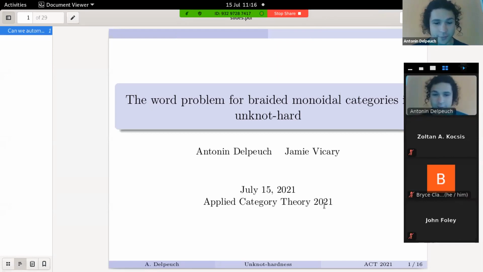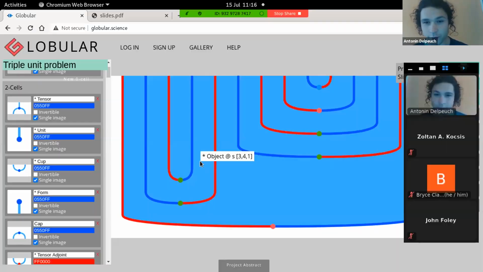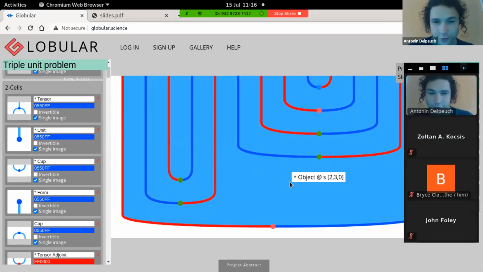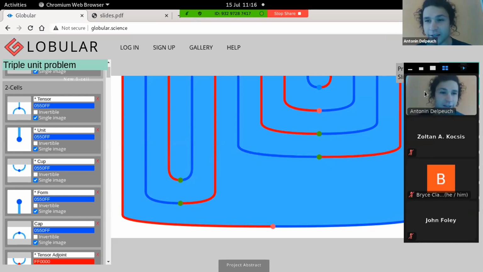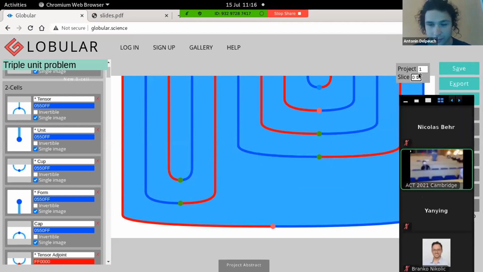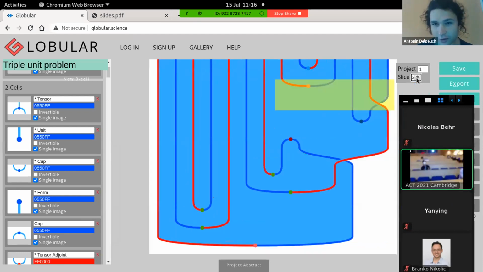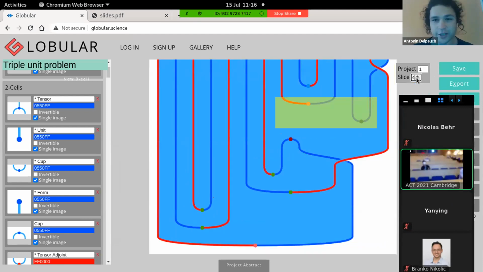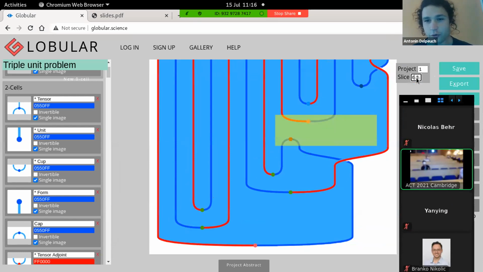So what is my motivation to work on this? Many of you might have heard of or even used these proof assistants that are available for higher categories. And if you've tried using them a bit to prove stuff, you might have sometimes realized that this is quite long and you end up spending a lot of time just moving things around.